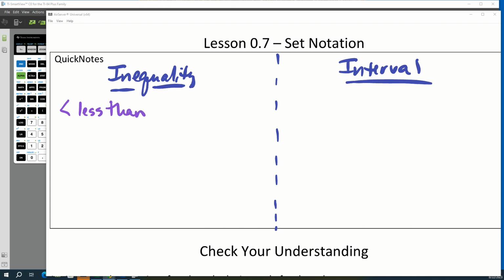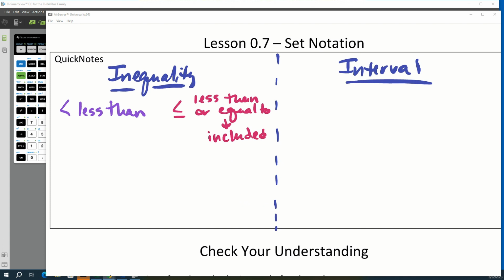Right, and then we have another version of it with this bar underneath. What does that mean? Less than or equal to. So when you have that or equal to bar, then whatever is beside is included. So we'll talk about included and not included a lot today.